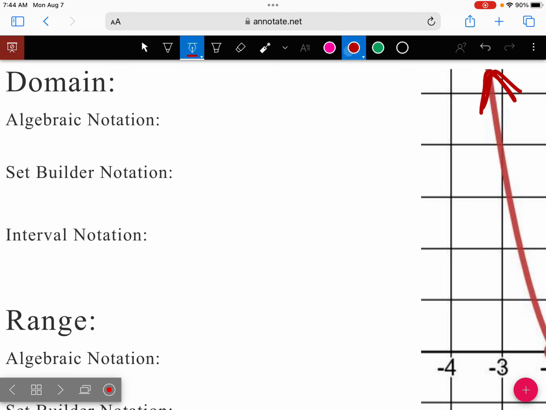So what I'm going to say is, ooh, that's super skinny. We're going to switch to this pen. X cannot equal, and you just do an equal sign with a line through it, -2. And I'm cool with that. That is perfectly acceptable for everything. Everything except when x is -2.